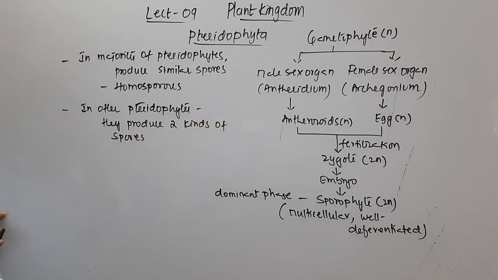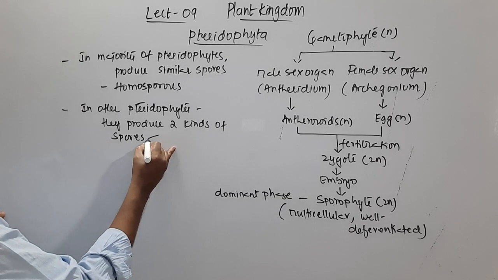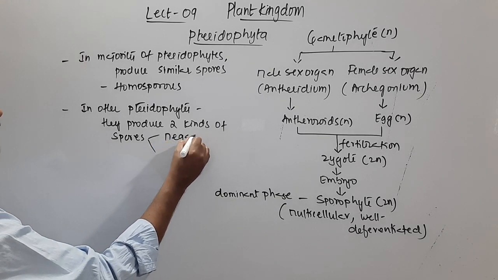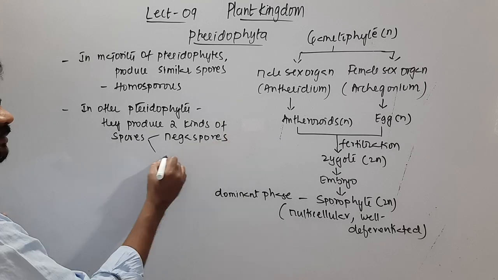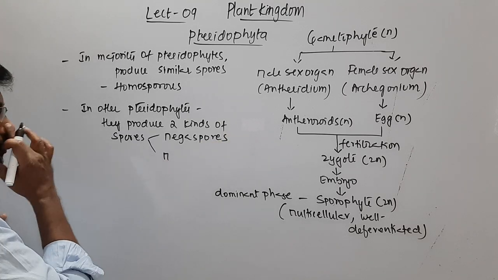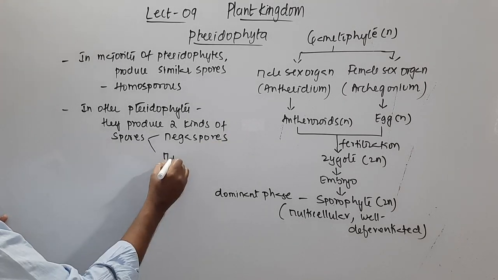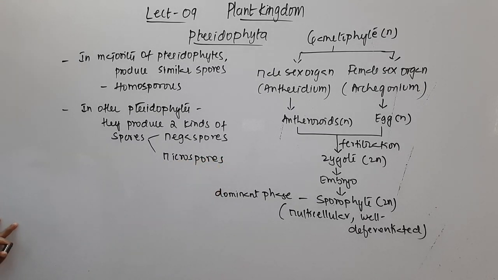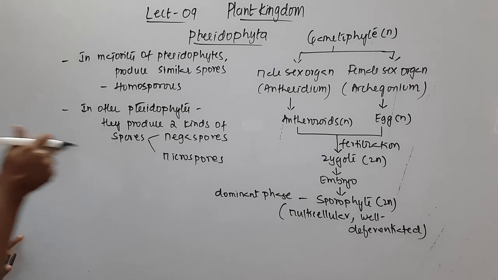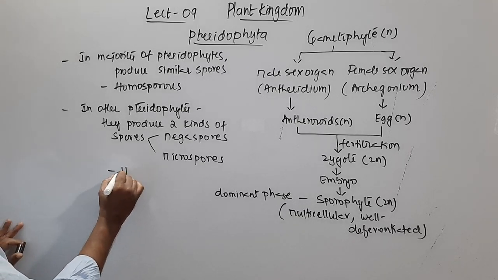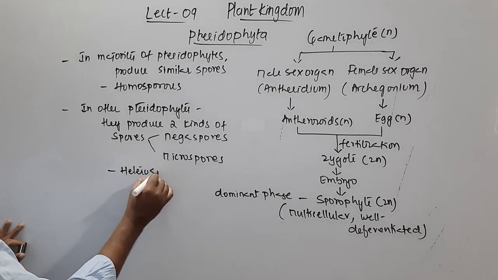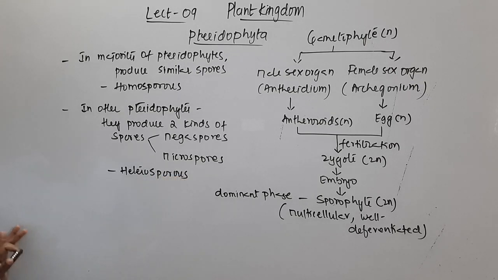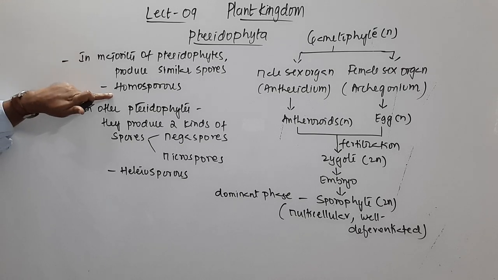Those two kinds of spores are the megaspores and the microspores. If that is the case, then the condition is called heterosporous. So the majority of pteridophytes are homosporous.